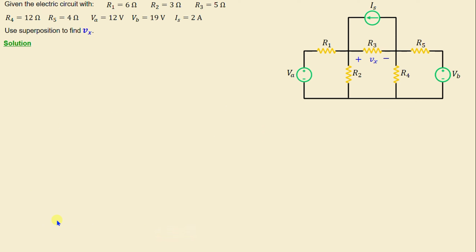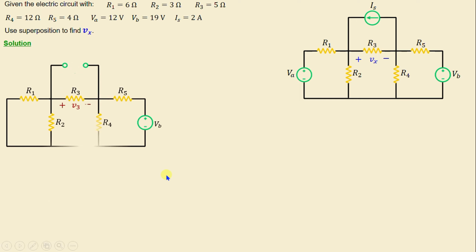Now let's consider the independent voltage source Vb active and the independent voltage source Va and the independent current source Is inactive, which will be replaced respectively by a short circuit and an open circuit. I will consider I is the current through the resistor R3 and It is the total current in this circuit.